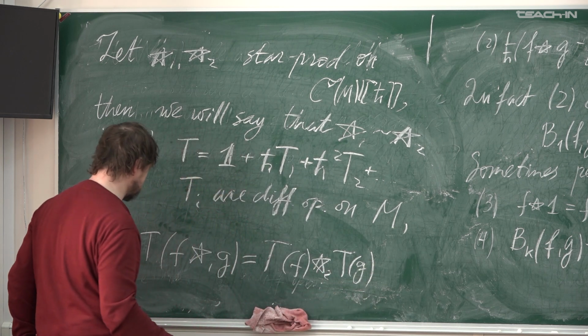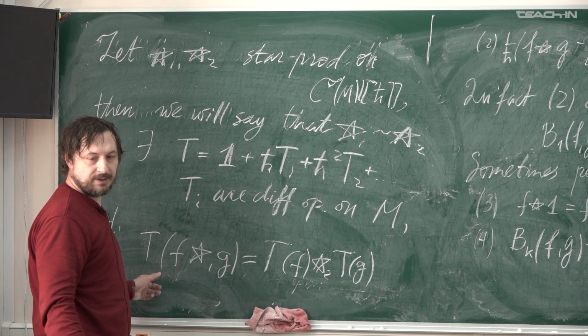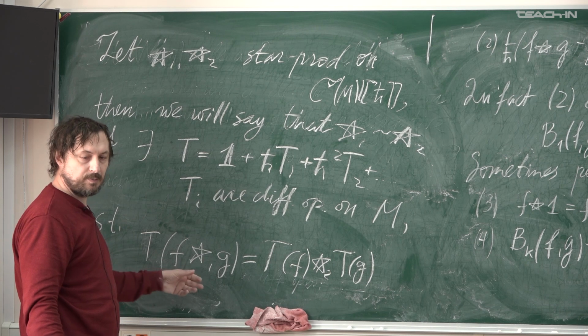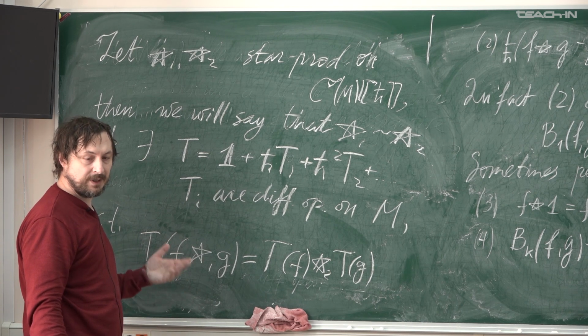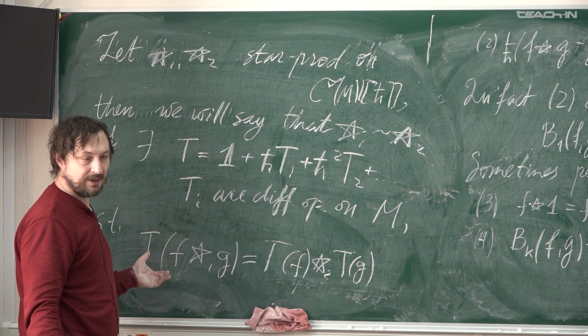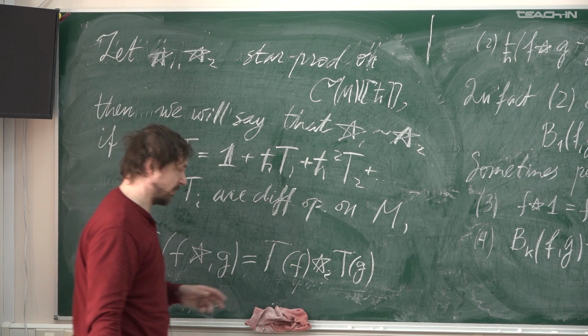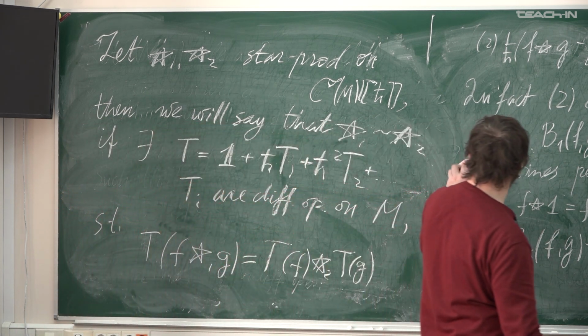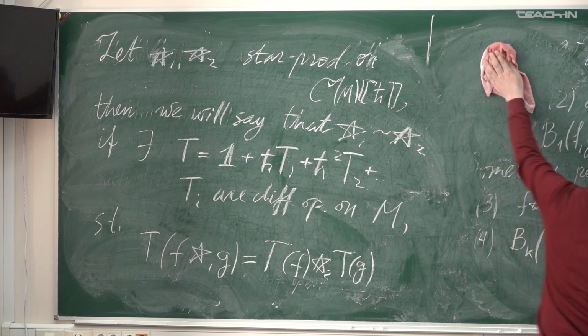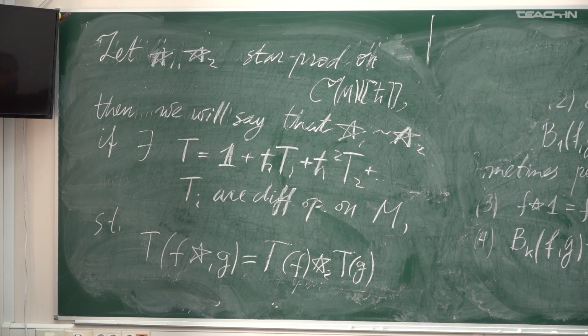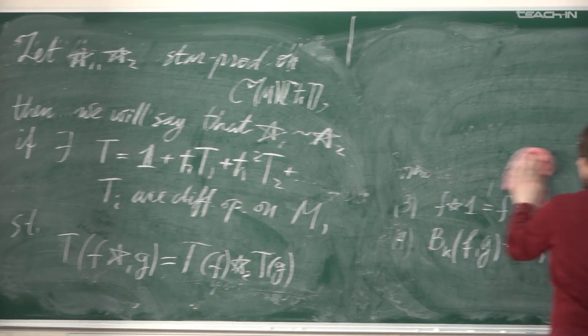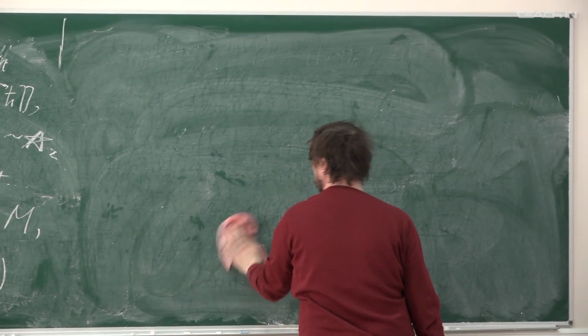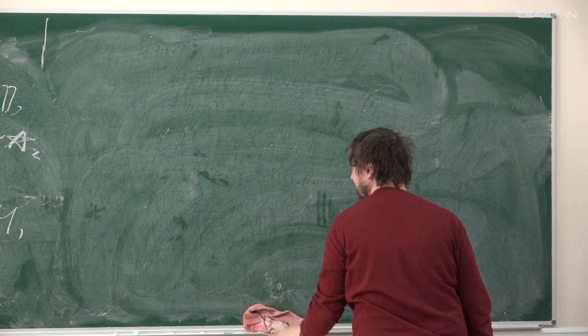Of course, since T is invertible, we can just put it to one side, and that will mean that this is in fact an equivalence relation. So the final, ultimate deformation-quantization problem would be not just to construct a star product, but also to classify it.